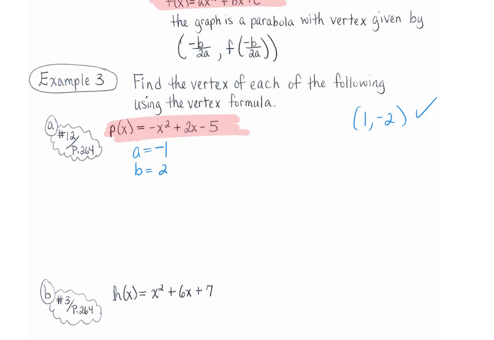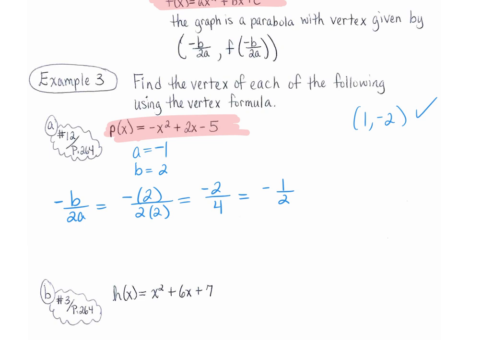So we have A is -1, B is 2. So negative B over 2A is negative times what, over 2 times what? 2. So this is -2 over what? 4, which is the same thing as -1 over 2? Is that what we have?